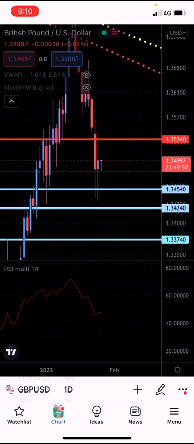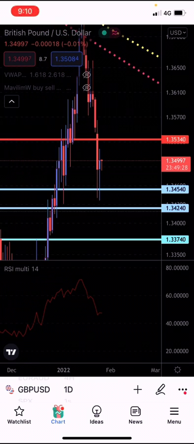But that being said, the British pound, in my experience in trading it, can move up and down a lot in big areas. So it could go up 50 pips, then down 50 pips. I've usually used it as a scalp. But yeah, at the moment it looks good.